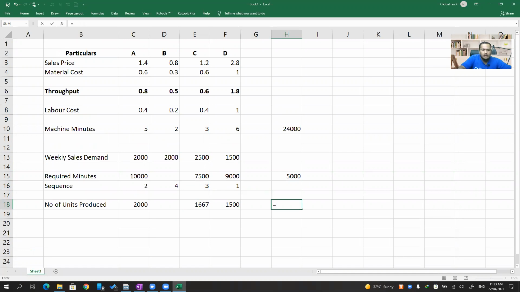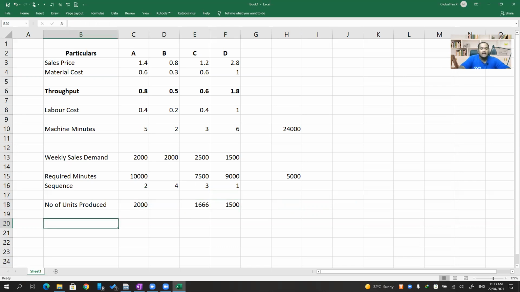So let's check, just to make sure that everything is proper. 1500 into 6 plus 1667 into 3 plus 2000 into 5. That is 24,000 and 1 minute. Okay, I'll go with 1666 units. So this is what I can produce maximum. Is it clear till now?